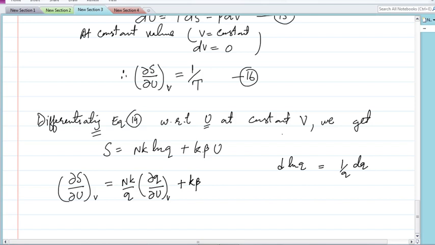So we will first keep this k outside and differentiate it with respect to U, so dou U upon dou U simply equals 1, plus kU. k is constant, so we will take it outside, and the next v function will be dou beta upon dou U at constant volume. This dou U upon dou U will be simply equal to 1. You can write it as Nk upon Q.